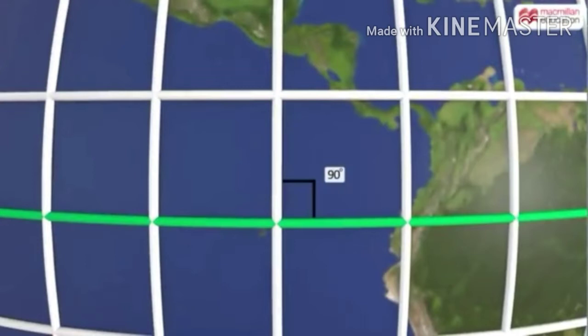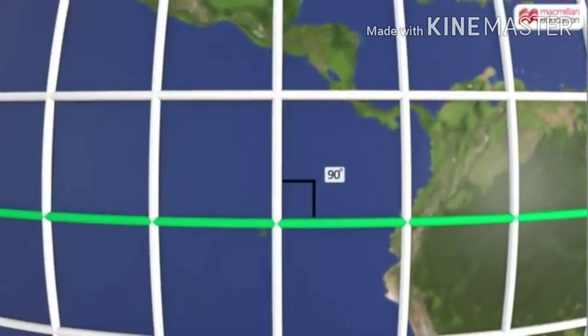The line that runs exactly in the middle, thereby dividing the earth into two halves or hemispheres, is called the equator.